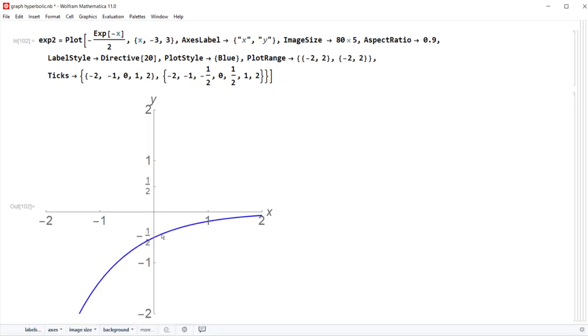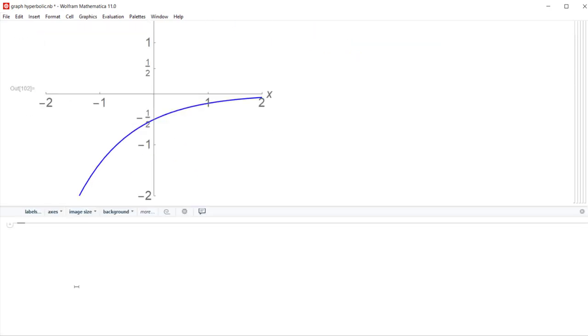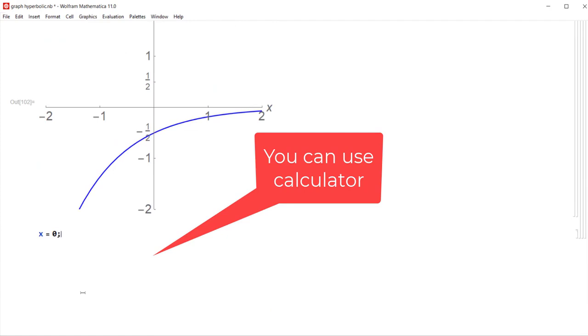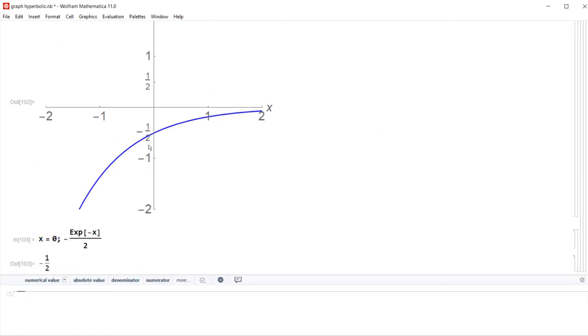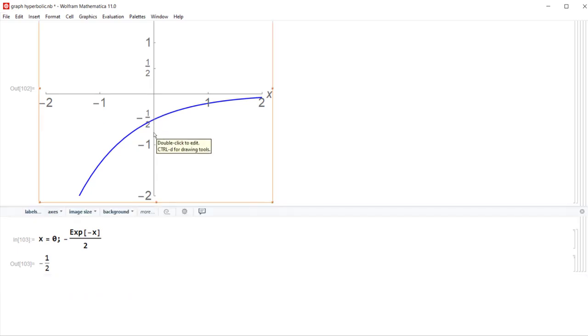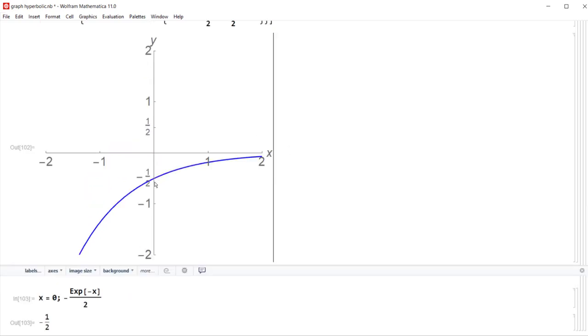When x equals 0, you substitute x equal to 0 and you get negative 1 over 2, so the cross section is at y equal to negative 1 over 2.